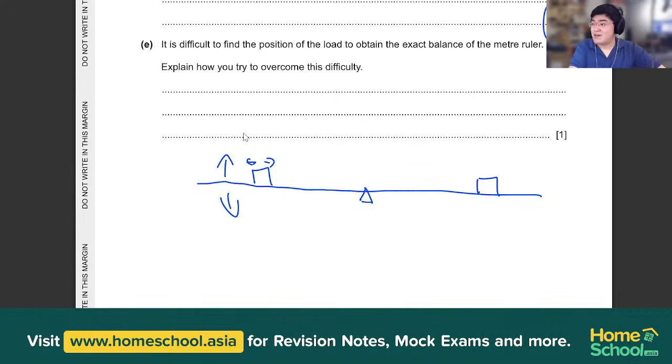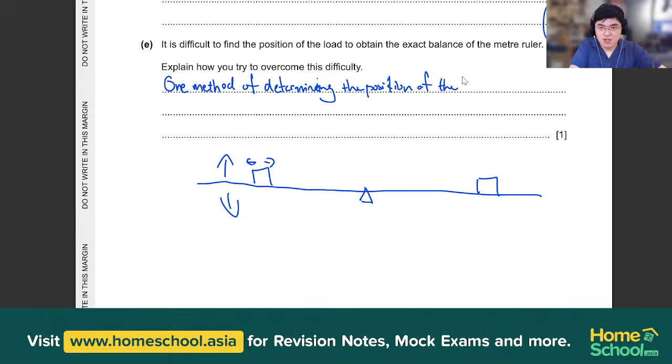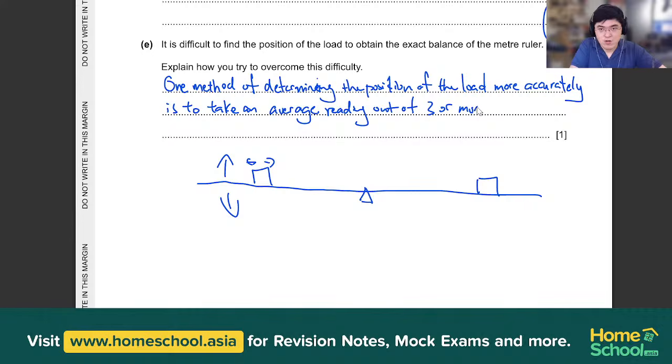So let's write down the answer over here. One method of determining the position of the load more accurately is to take an average reading out of 3 or more readings.